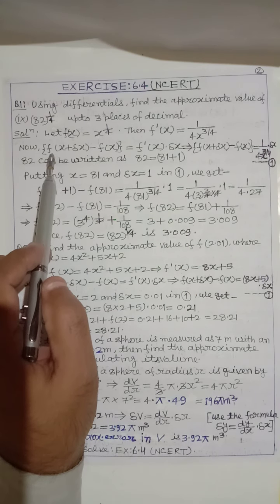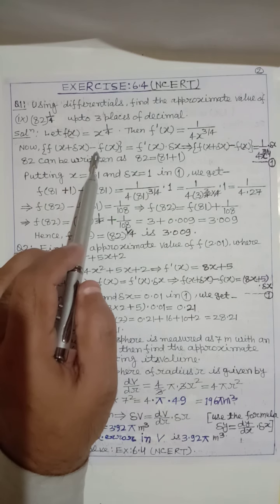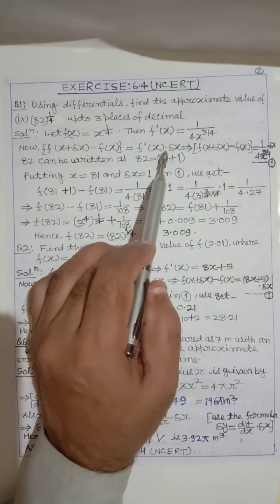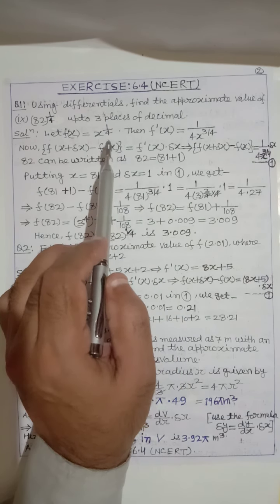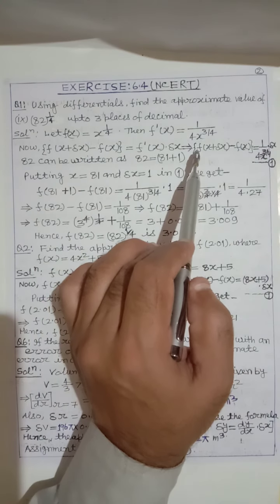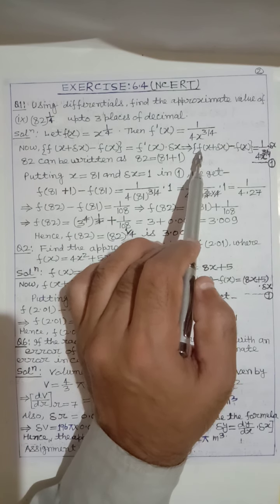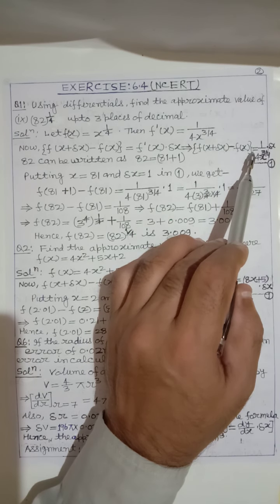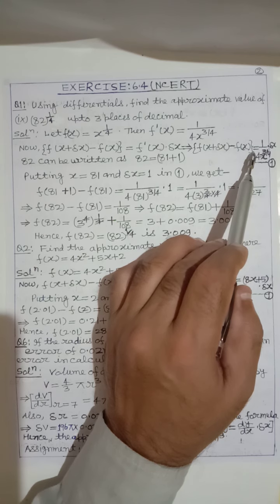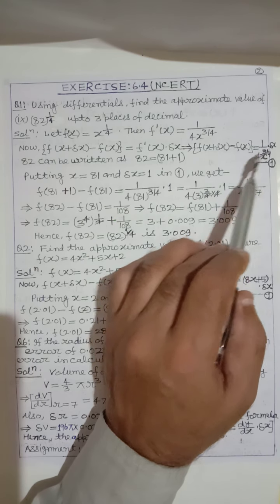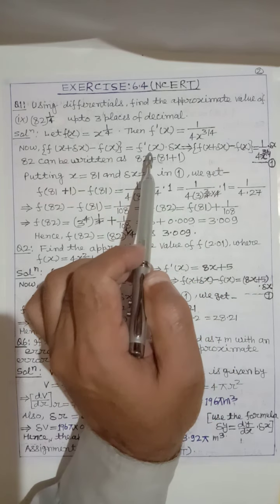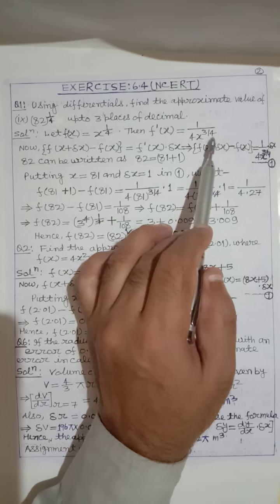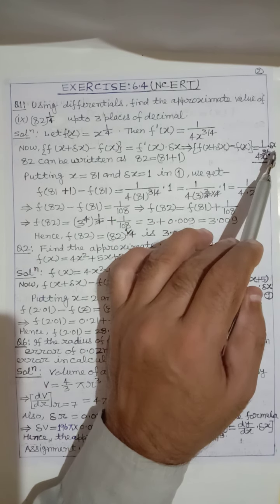Now, f of x plus del x minus f(x) equals f dash x into del x, which we have discussed above, and this implies that f of x plus del x minus f(x) equals, here, f dash x, here 1 by 4 x to the power 3 by 4 into del x.